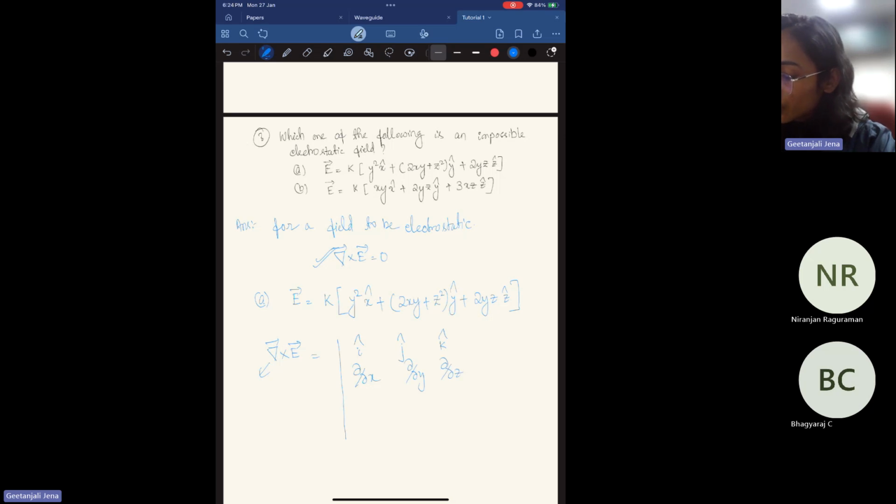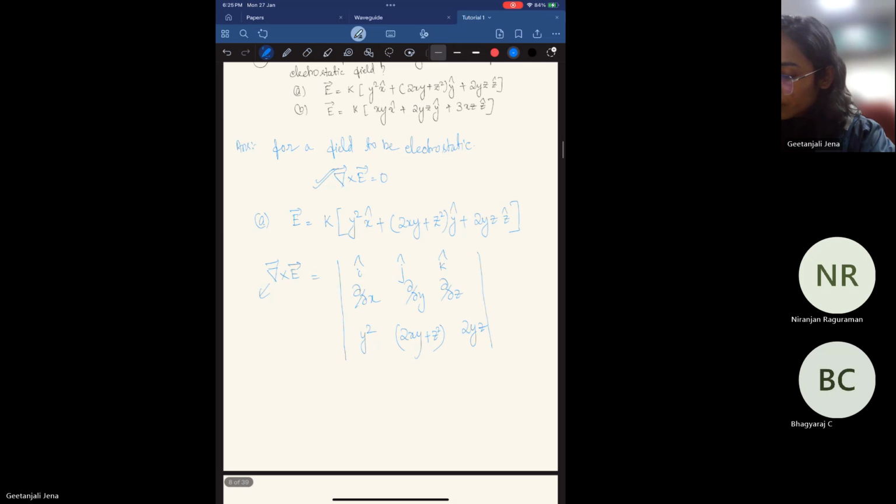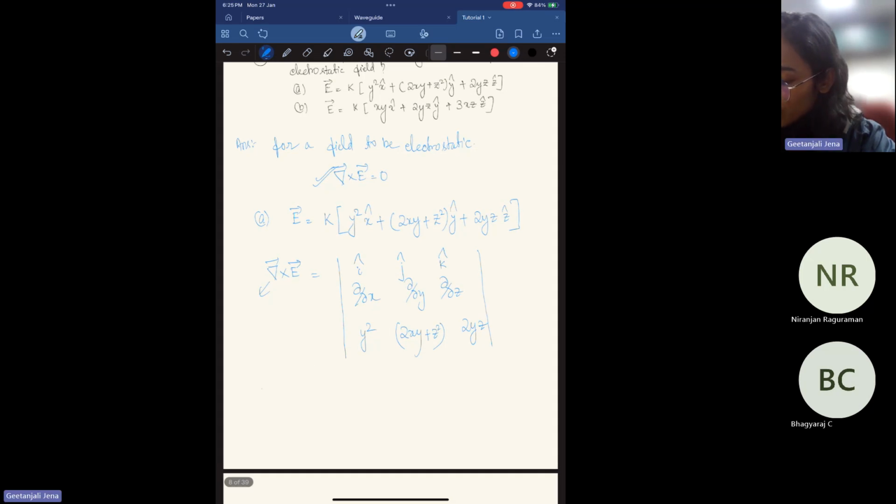And for E, you have to separate the components. So Ex is y square, then Ey is 2xy plus z square, and the third, Ez, is 2yz. So this you have to solve.